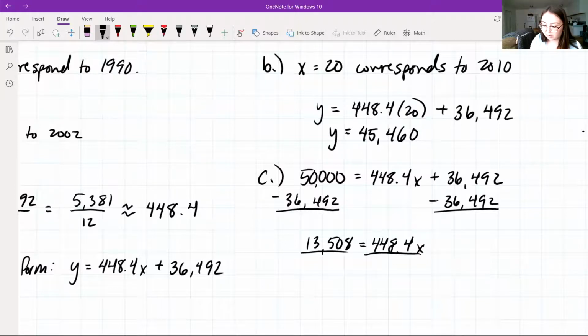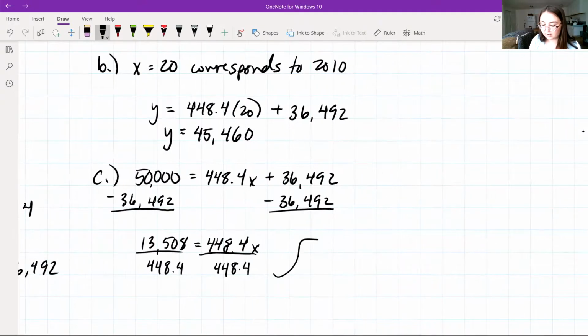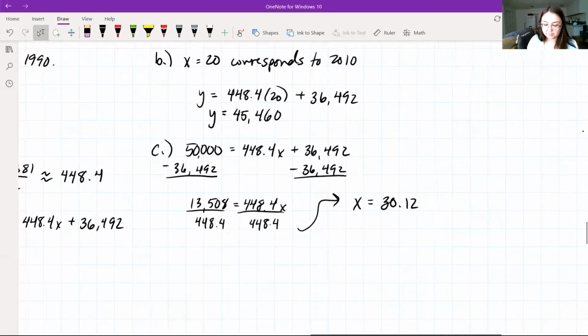And then we're going to divide by 448.4. And carry this over here. If you calculate that on your own, you should end up getting 30.12.